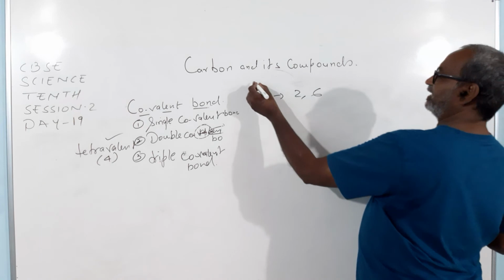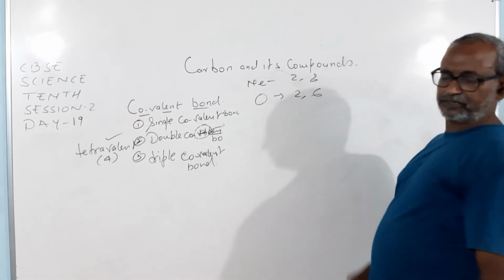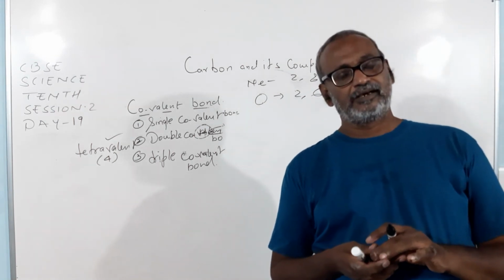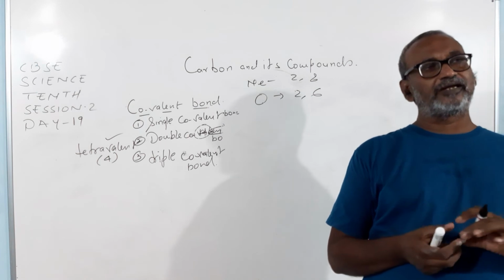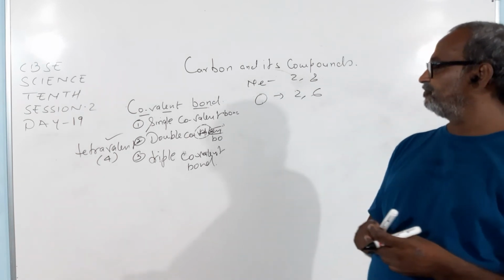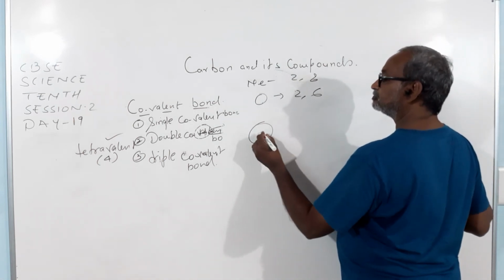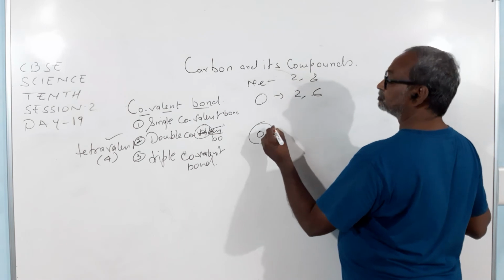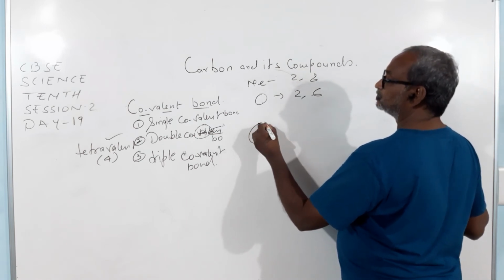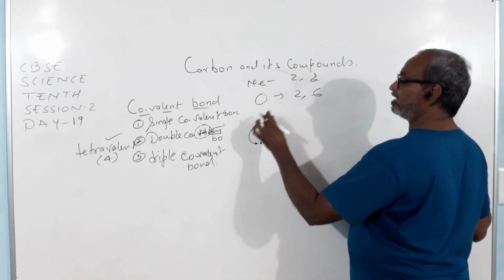The nearest noble gas to oxygen is neon, 2,8. Obviously, oxygen atom requires 2 electrons to complete its octet and to acquire the stable configuration of neon. So oxygen atom has 6 electrons in its outermost orbit.